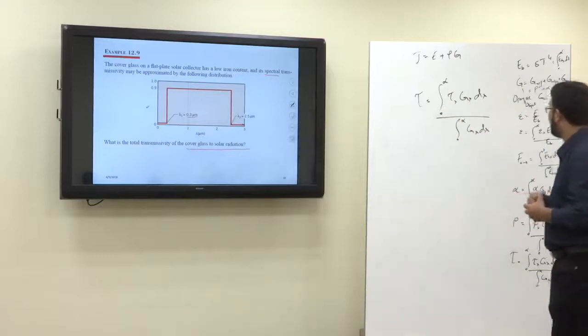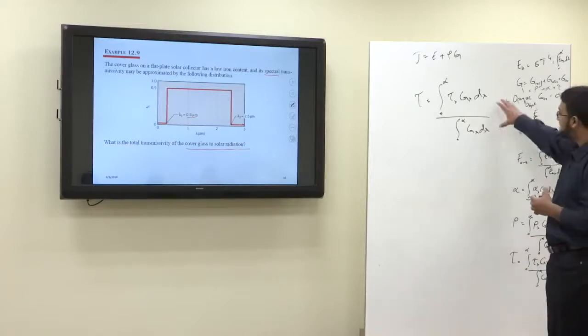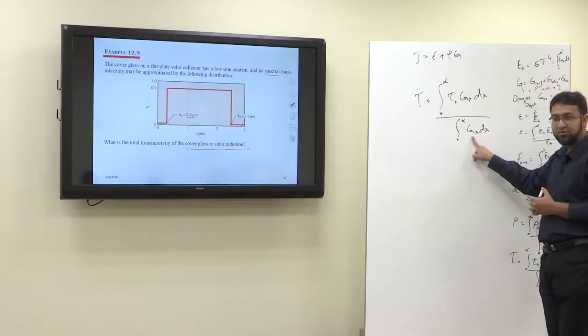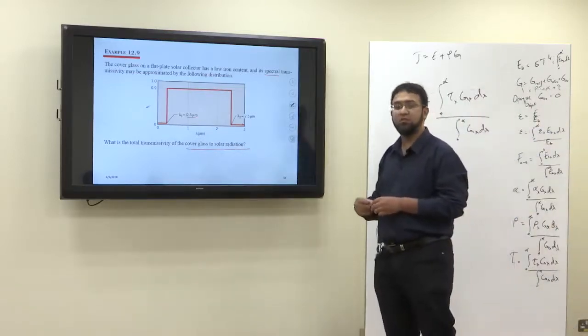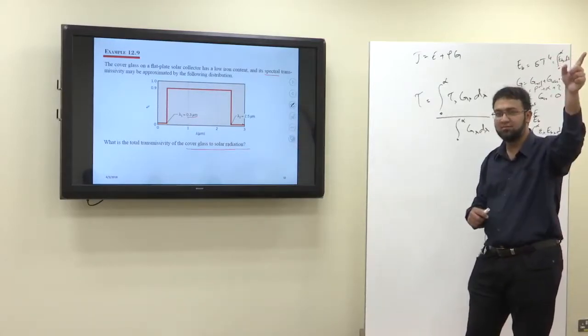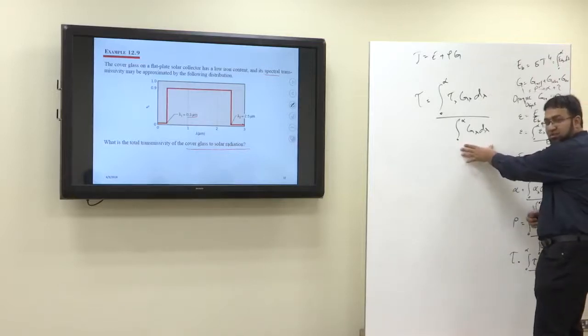Okay. So the total transmissivity is this, and this is the incoming radiation. But incoming radiation, we know it is coming from the sun. So basically, the emission of the sun will be this. Is that clear?